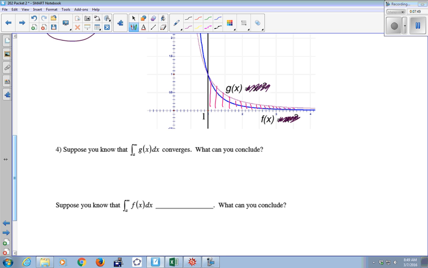It has to also be finite because it's smaller. If you're smaller than something finite, you have to also be finite. So if I know that the integral of g of x converges, it must be that the integral from a to infinity of f of x dx also converges.